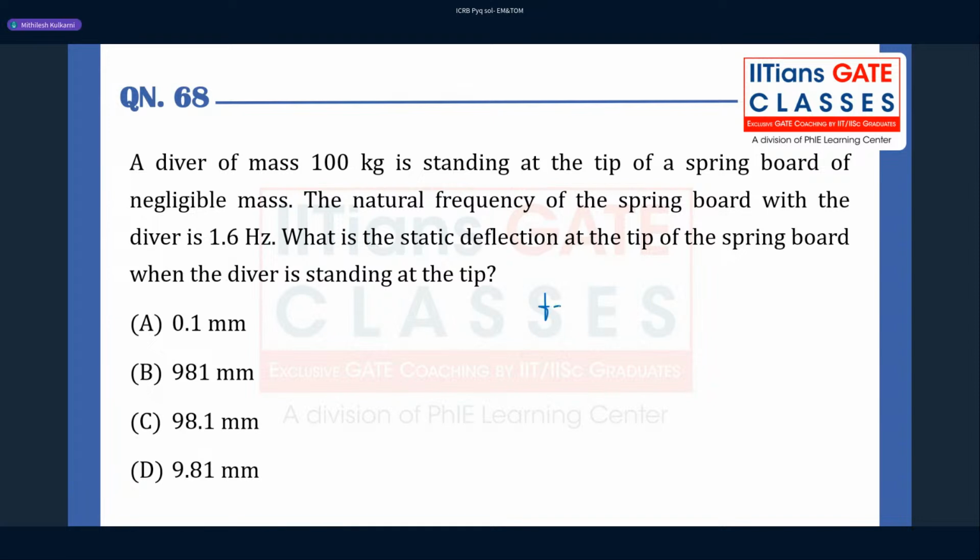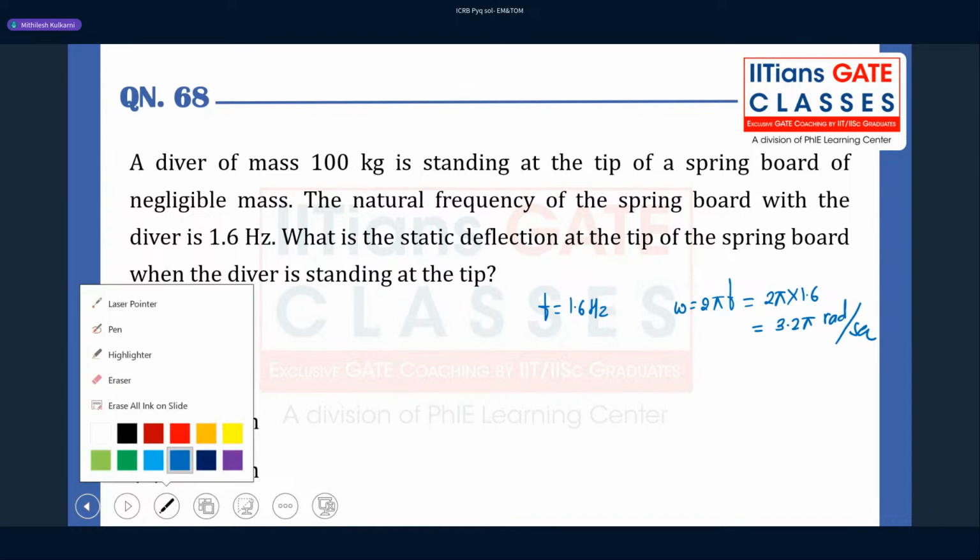So frequency f is 1.6 hertz, and omega is equal to 2 pi f, or 2 pi n also we can say. So it is 2 pi into 1.6, which is 3.2 pi radian per second. So this is the first part of the question.